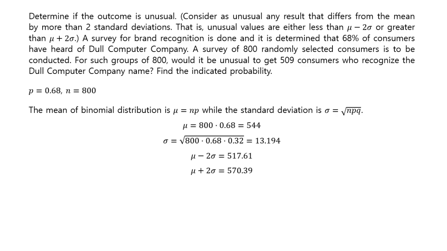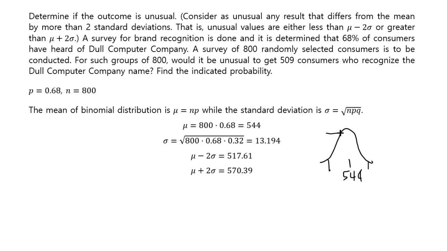Now, what this means is the following. The binomial distribution, when the trial is pretty large, looks almost like a bell curve, where you have 544 as the mean value, and there's the mu minus 2 sigma and mu plus 2 sigma.